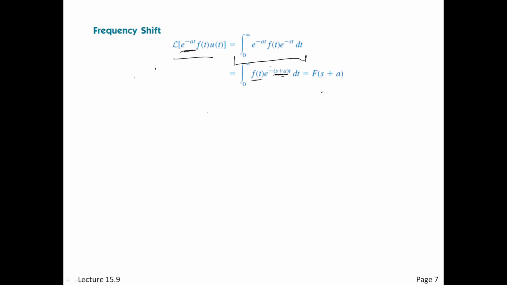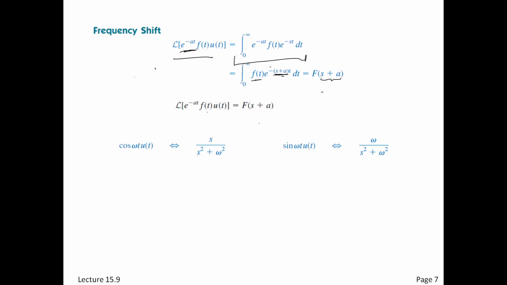Doesn't this even look like a frequency shift? In the same way the unit step function shows a time shift, this looks like a frequency shift. It behaves just the same way. So the Laplace of a frequency shifted waveform is just the Laplace F of s plus a.